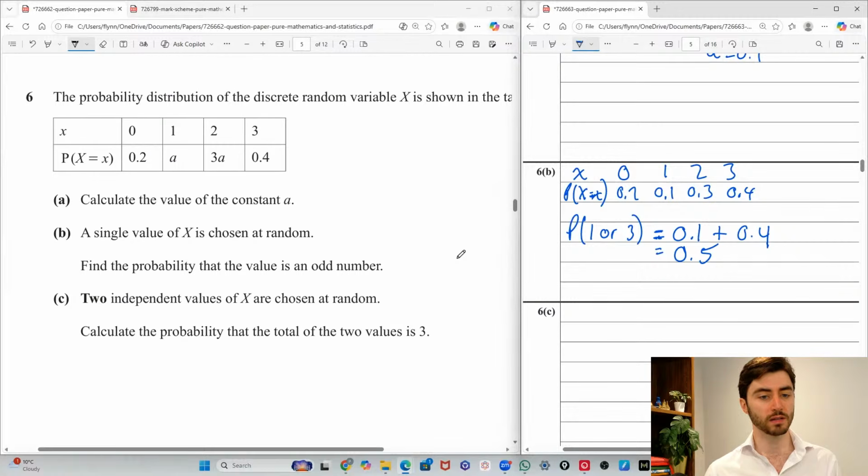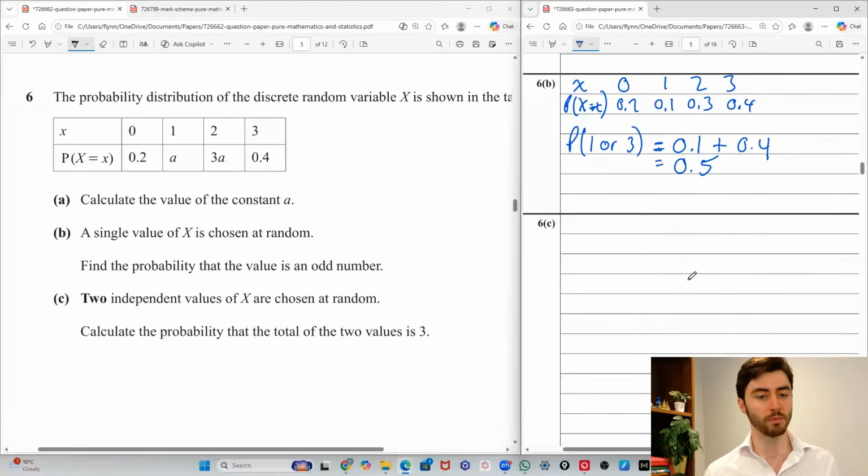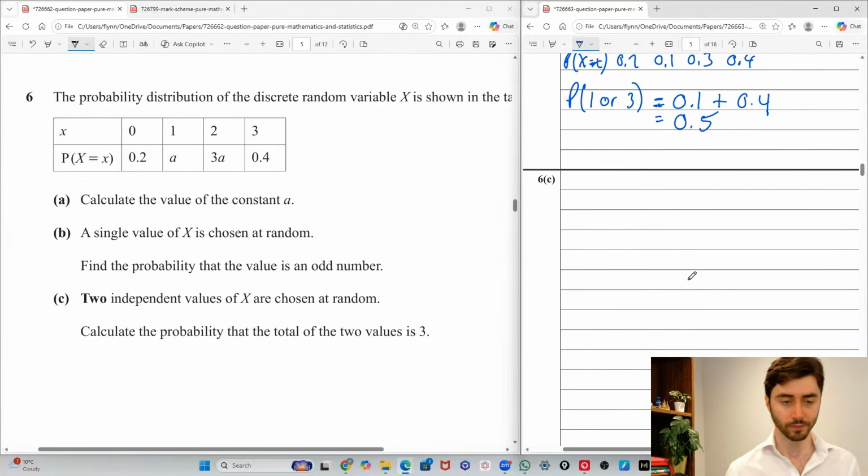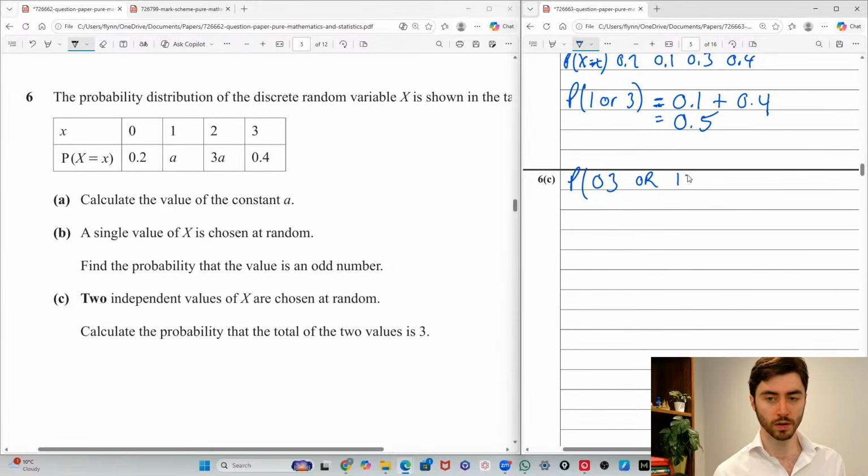Two values are chosen. Calculate the probability that the total is 3. All right, so that is the probability of 0, 3, or 1, 2, or 2, 1, or 3, 0.